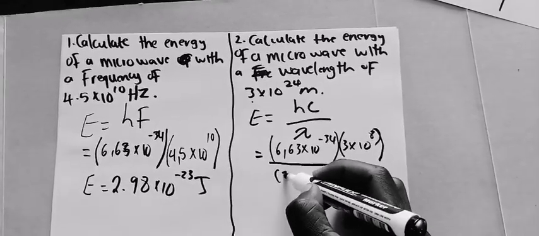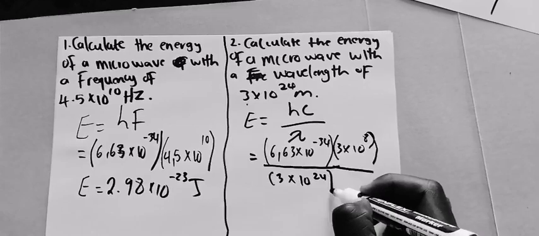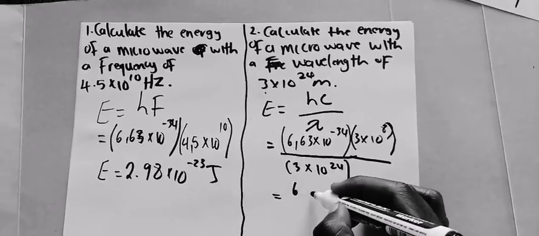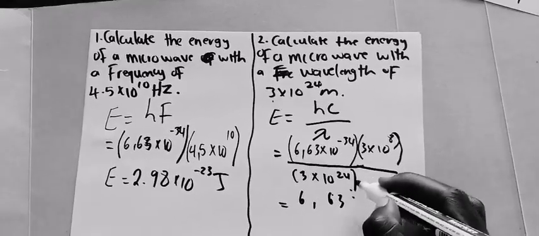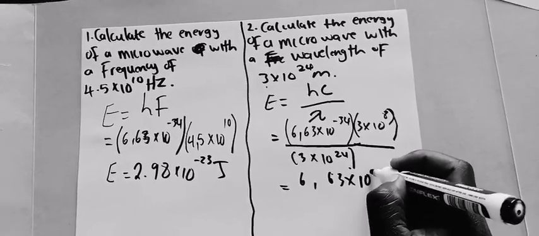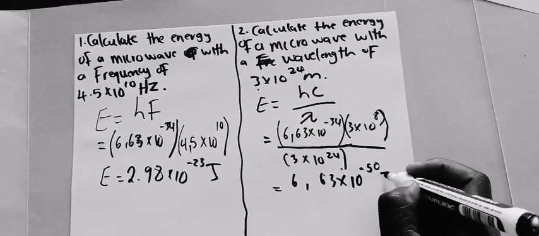We are happy because it is measured in meters, 3 times 10 to the power 24. Then use your calculator to get your answer: 6.63 times 10 to the power negative 50 joules.